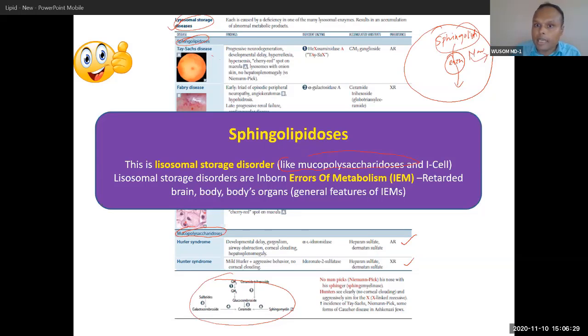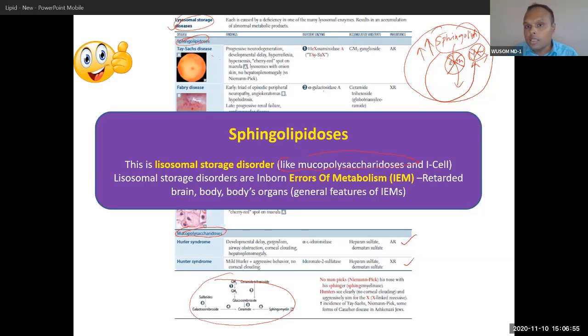What will happen if there is no digestion of sphingolipid? Based on the type of enzyme deficiency, the disorder will vary. If the enzyme is deficient, the sphingolipid will accumulate. Because it is accumulated, it will send a signal to the cell not to synthesize new sphingolipid.